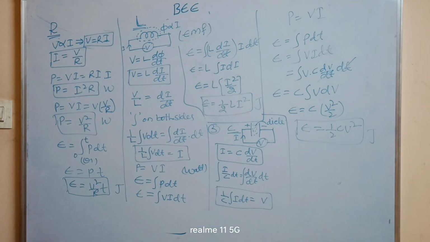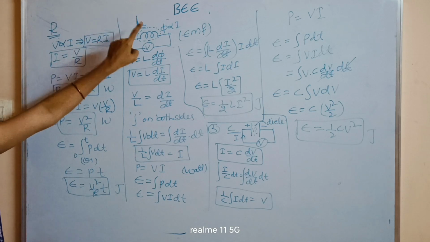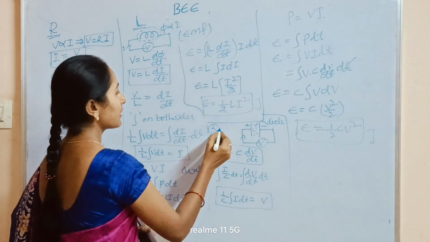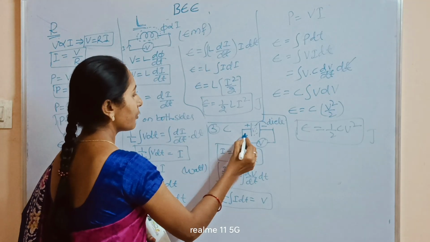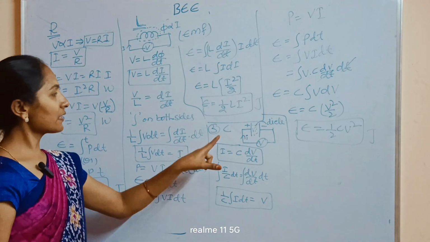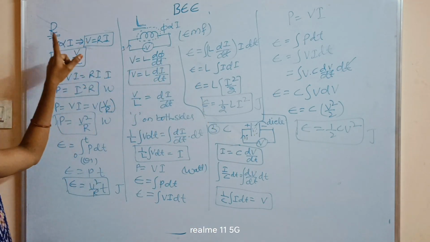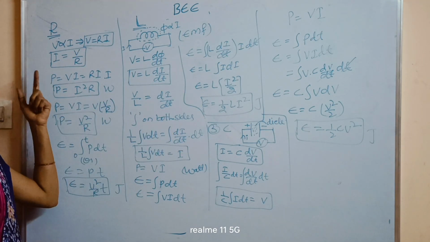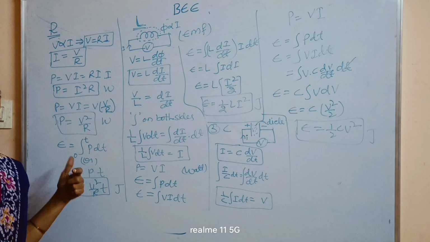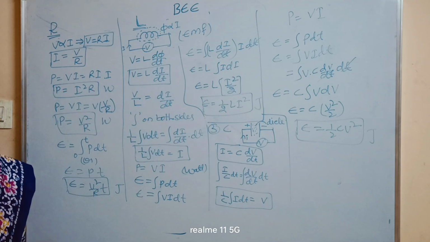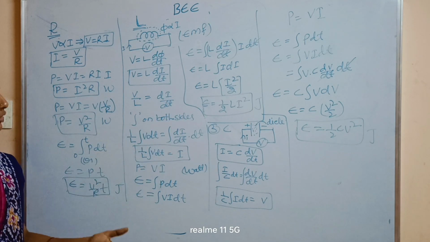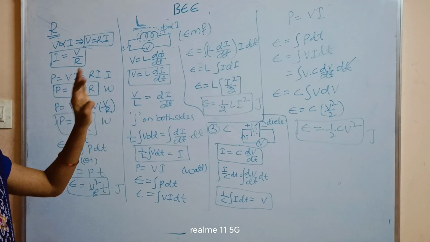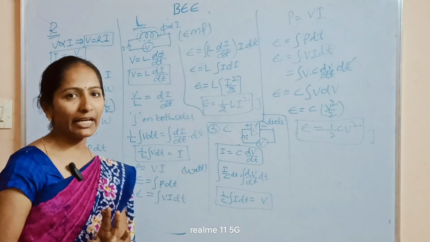Now resistor, inductor, capacitor. Here is the capacitor element, this is the inductor, this is the resistor. In each case we can consider the voltage, current, power and energy equations. Resistor is a dissipating element, the remaining two are storing elements.